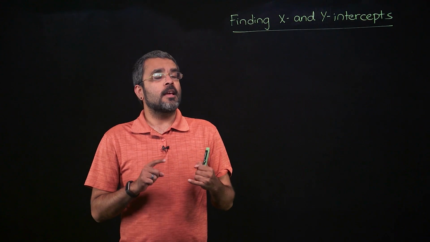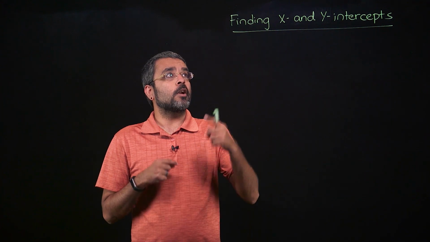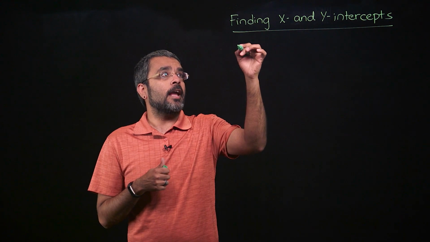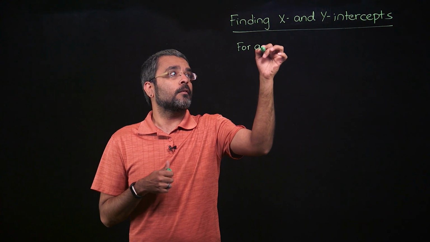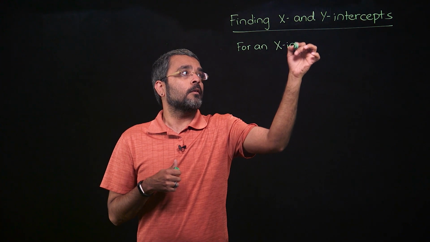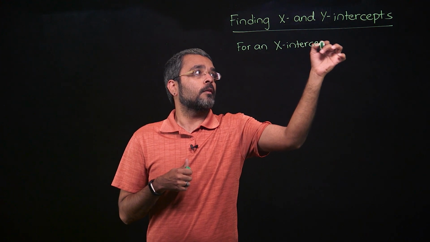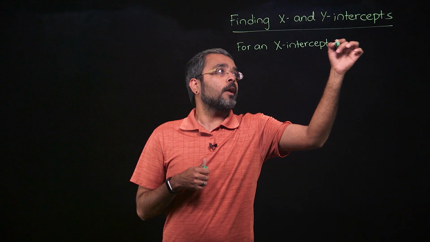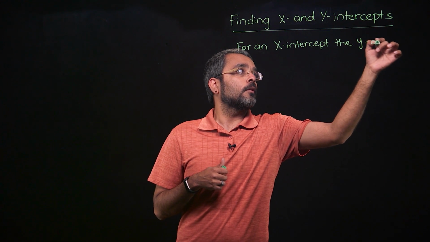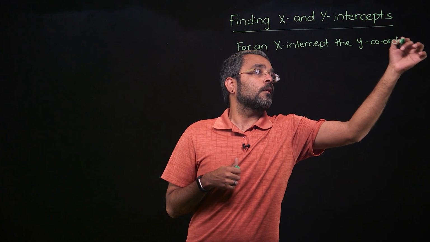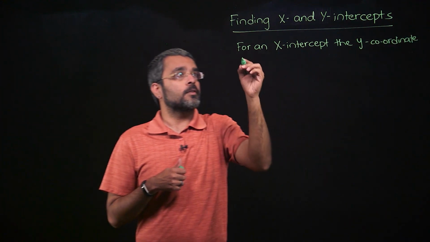So if you remember, like I said, for an x-intercept, your y-coordinate is always going to be 0. So for an x-intercept, the y-coordinate is always 0.